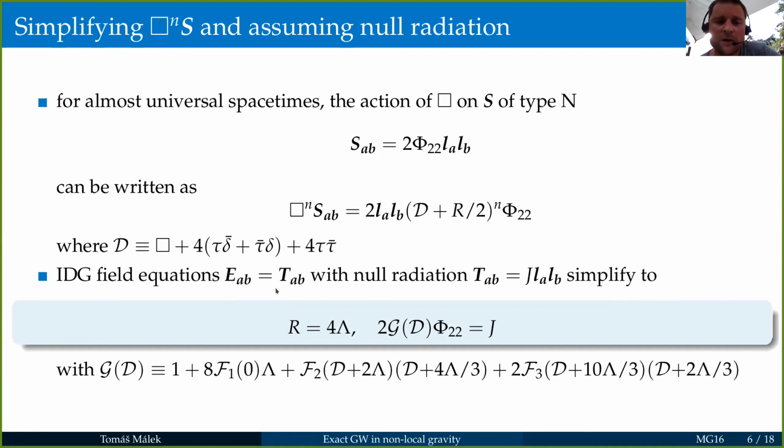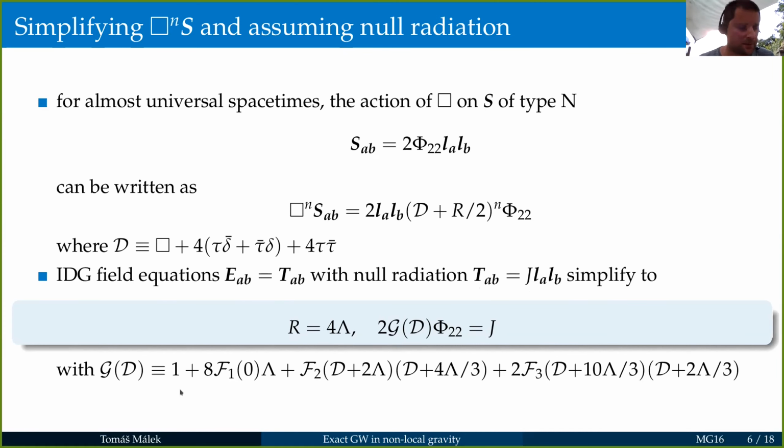We assume that the energy momentum tensor corresponds to null radiation. So it has only this component, and therefore the field equations reduce to just one algebraic equation which determines the value of the constant Ricci scalar, and one partial differential equation for the non-vanishing component of the trace-free Ricci tensor, and J is the source.